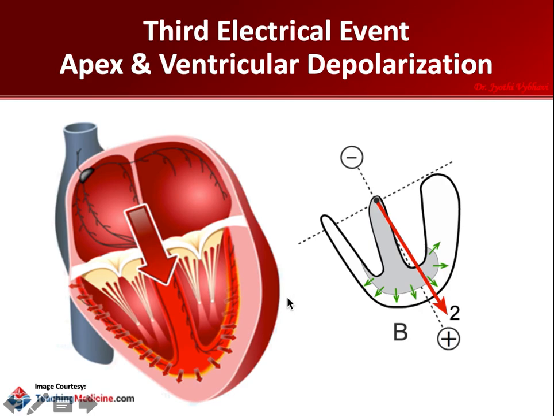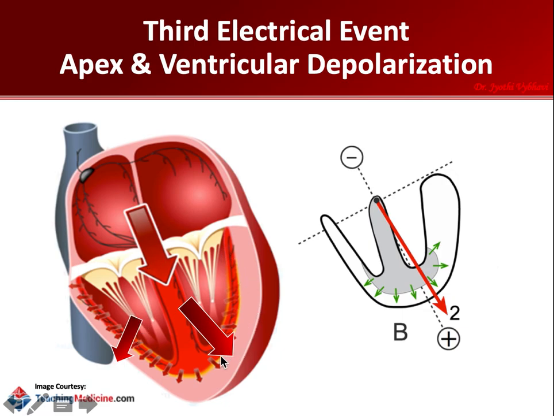Another important thing is that the left myocardium is 3 times thicker than the right myocardium. Hence, for the depolarizing current, if I show the vectors, in the left myocardium they are longer and thicker vectors, whereas the right ventricular myocardium has smaller and thinner vectors.